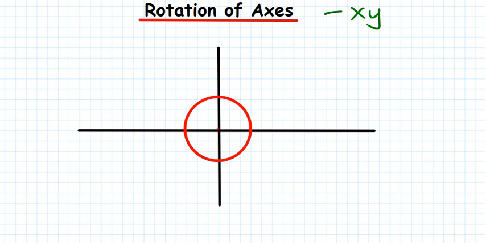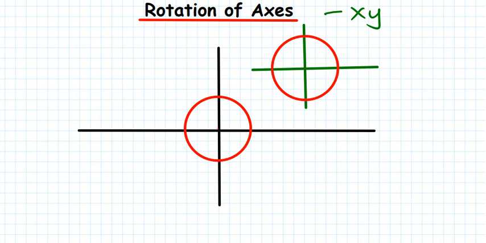We talked about translation previously, which involves studying a conic section away from the origin, where you come up with the new coordinates about the new point. Then we came up with a new form.